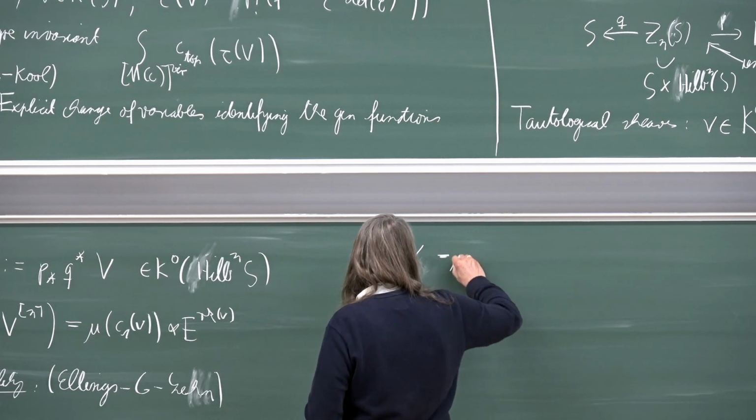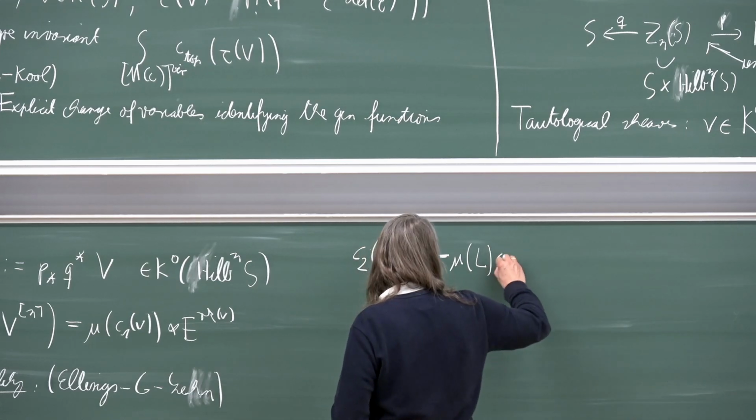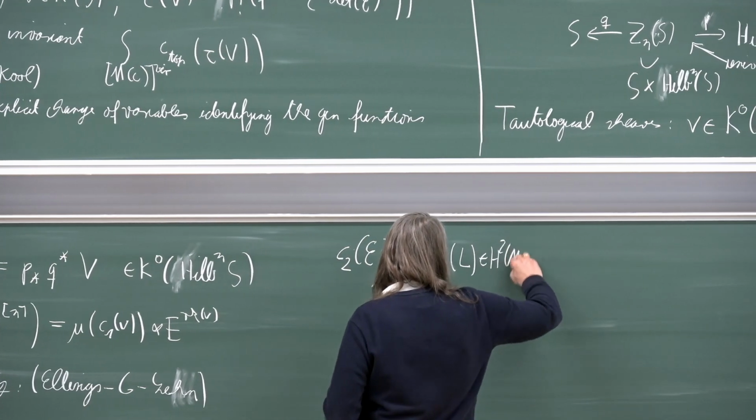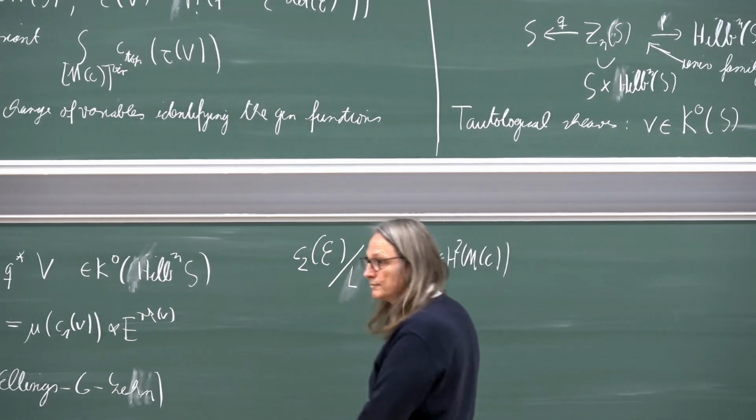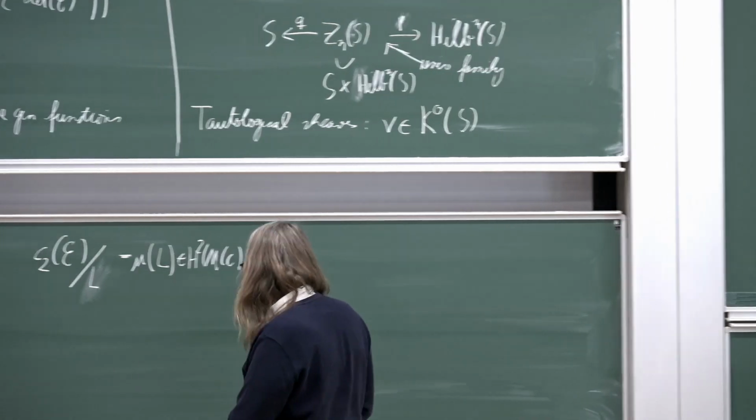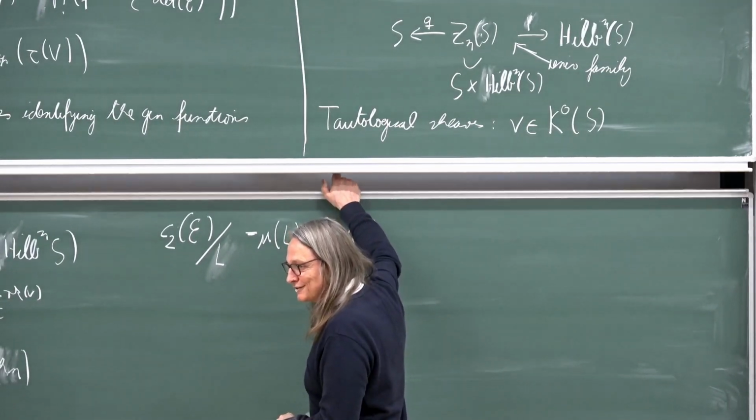Then this is mu of L. So this is what is called mu classes in Donaldson theory.